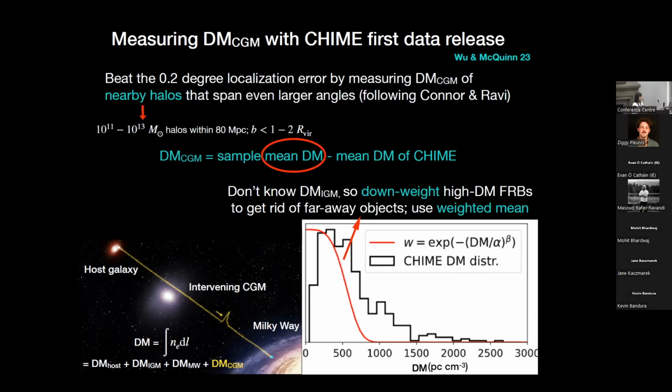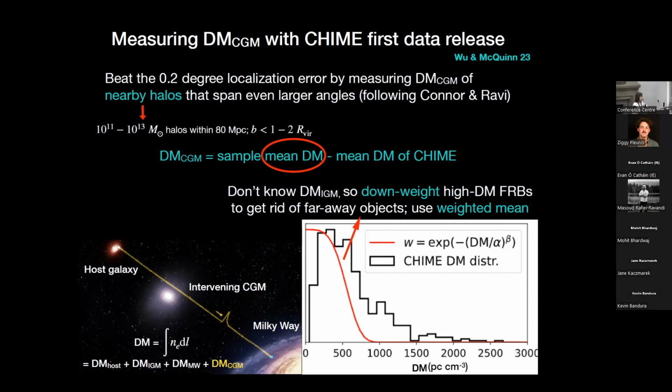So we wanted to use the simple estimator to calculate the DM of the CGM: the sample mean DM of the FRBs with CGM intersections minus the mean DM of the entire CHIME sample. The problem here is that for CHIME, you don't know anything about the localization.